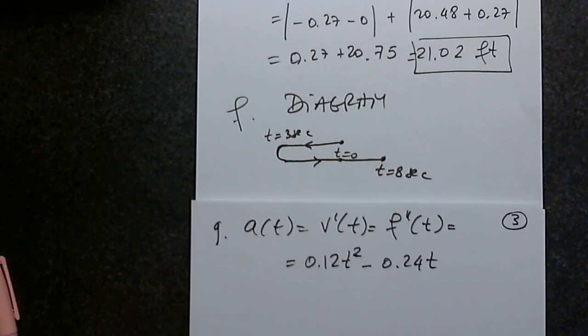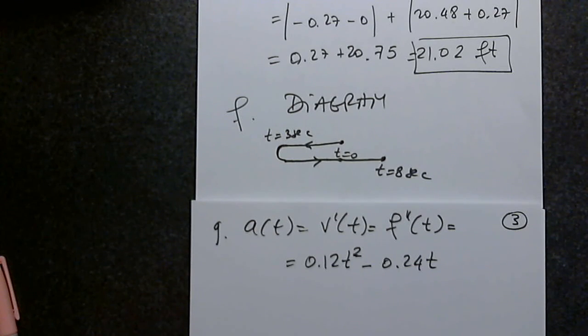Now, if the particle moves to your left and the acceleration also is a negative number and pushes the particle further, then the particle is speeding up. If the particle moves to your left, which means it has a negative velocity, but the acceleration is positive, there are two forces working against each other. They're not helping one another, so the particle must be slowing down.